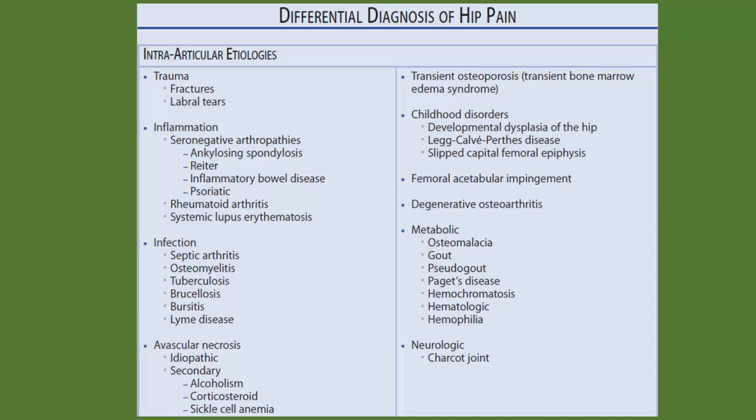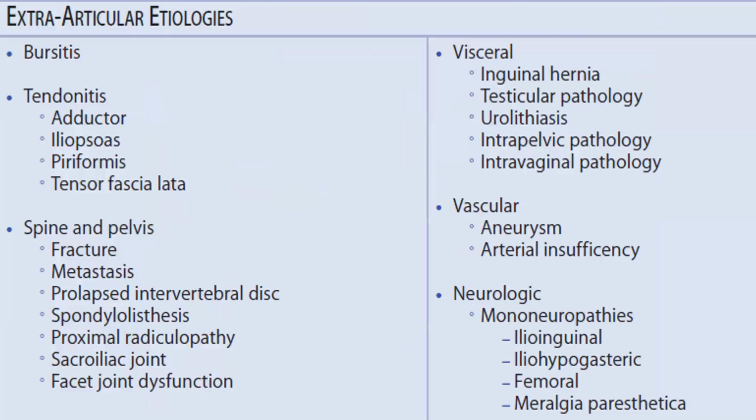And not forgetting neurologic conditions. Extra-articular conditions you can think of adductor tendinitis, iliopsoas, piriformis, and tensor fascia lata. And the pain can come from the spine and pelvis. You have to know the list. And the visceral situations. Always try to rule out a hernia, testicular pathology, urolithiasis, intrapelvic pathology, and intravaginal pathology.